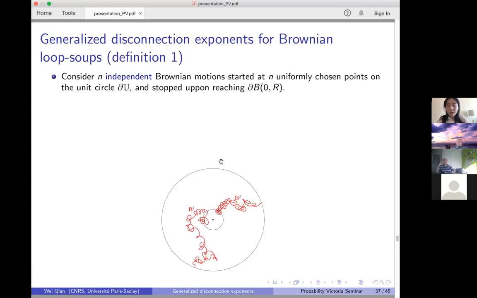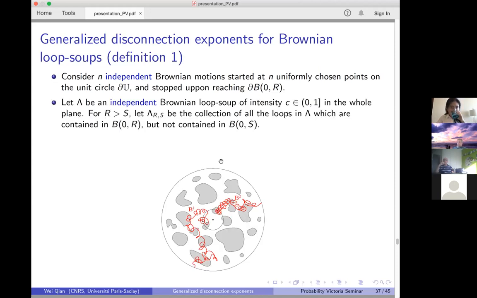So we will generalize the definition of disconnection exponents for Brownian loop soups. Let me give a first definition. Just like before, we consider n independent Brownian motions started at n uniformly chosen points on the unit circle and stopped upon reaching the circle of radius r. But this time we also add an independent Brownian loop soup of intensity C in the whole plane.